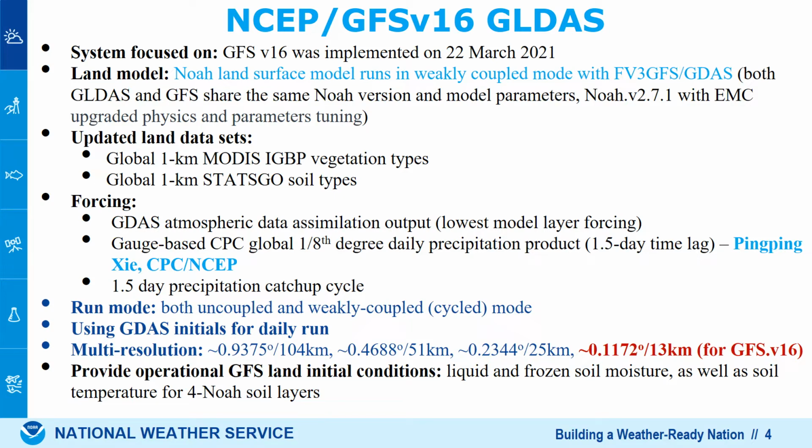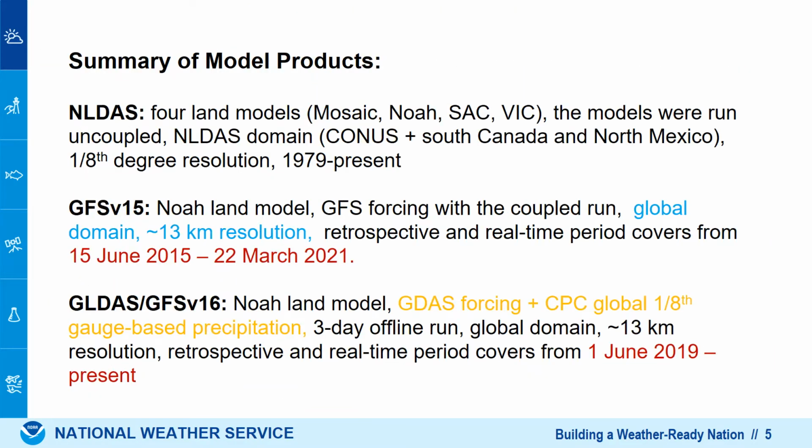The Geodatas use GDAS initial conditions for the daily run. The spatial resolution is 13 km for the global domain. The Geodatas provide operational GFS land initial conditions, including liquid and frozen soil moisture as well as soil temperature.